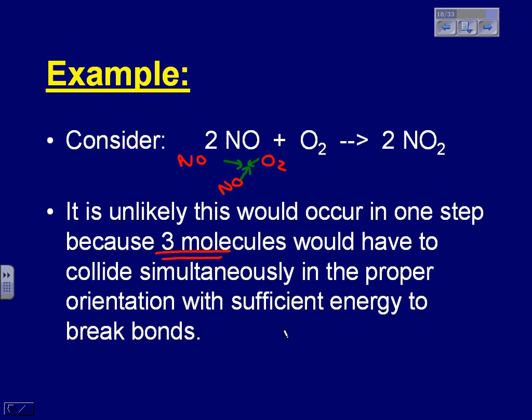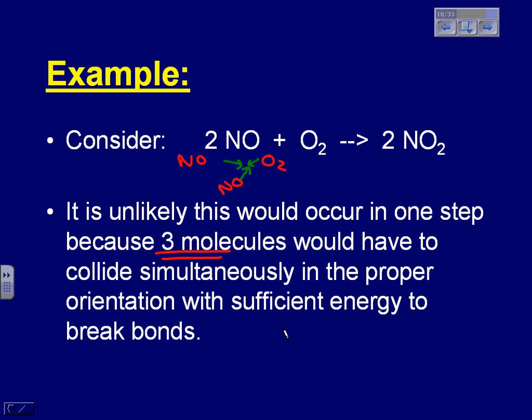Collisions of two objects take place all the time. Think about a car collision. Two cars collide at an intersection, and that's a common occurrence. Very rarely do you have three vehicles colliding at the same point at the same time. You might say, yeah, Mr. Sanders, but what about a car pileup where there's lots of crashes?